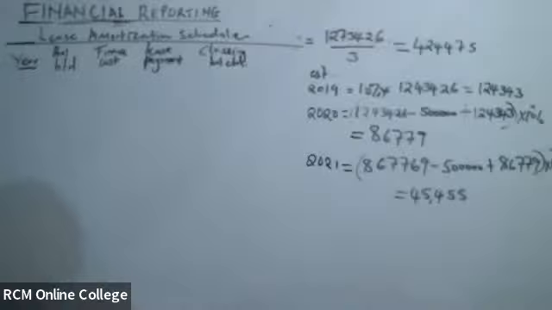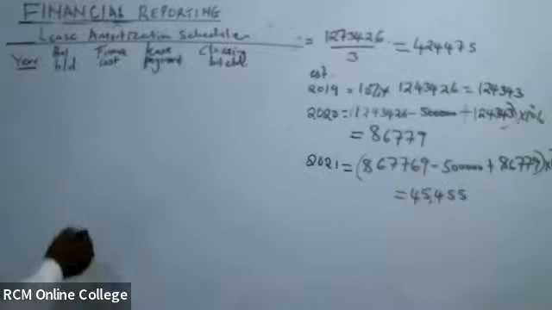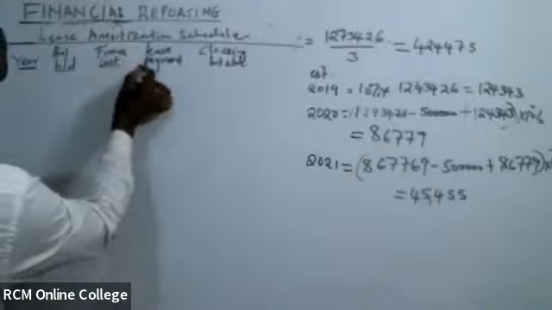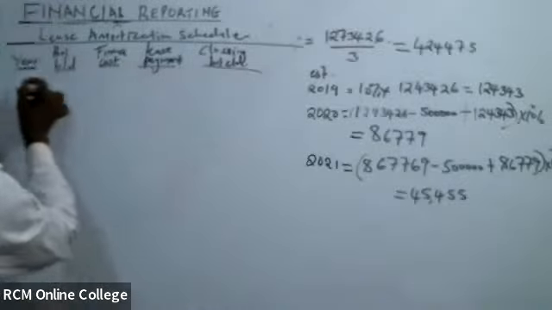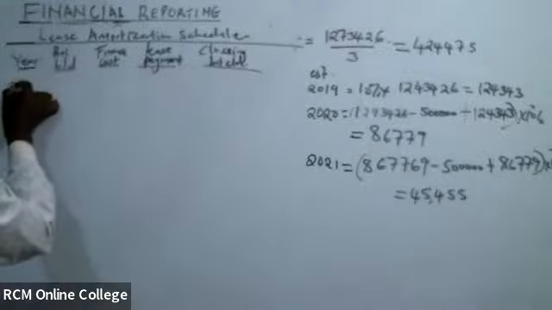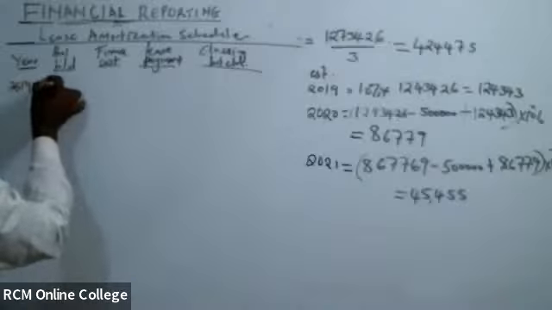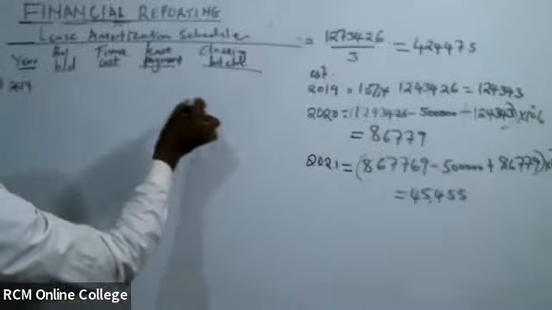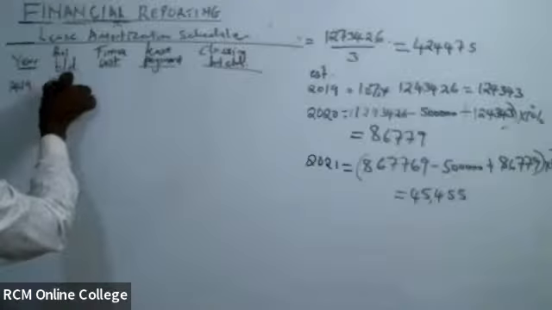Now, let's see whether it will help us get to where we want to be. The year is 2019. The balance was 12,434,26.